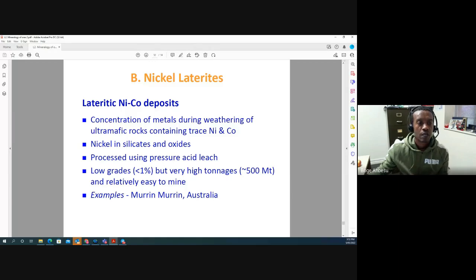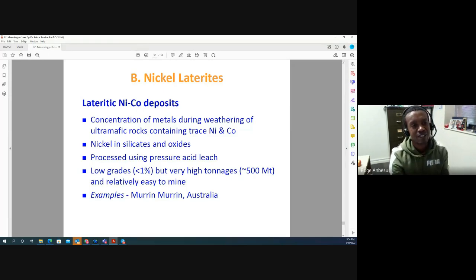Okay, for laterites, again, the main difference between the sulfides and the laterites is the sulfides are nickel sulfide ores. So in this case, you have nickel bonded with sulfur, and it produces a nickel sulfide such as pentlandite, which is first easily recoverable from the rest of the silicate material.